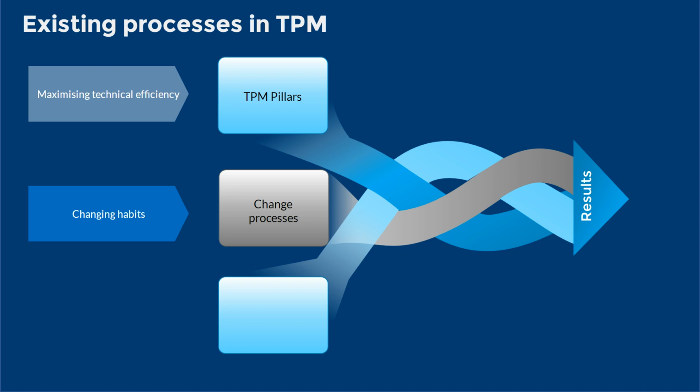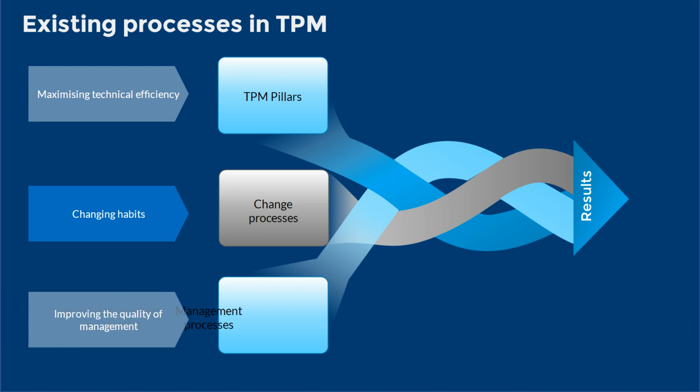The two processes above, both technical and cultural change, will not be effective if they are not properly managed. For this reason, the model includes a second group of human processes related to management practices at both the managerial and operational levels. These processes aim to improve the quality of management, especially those related to planning, delegation, coordination, execution, control, and improvement of actions.